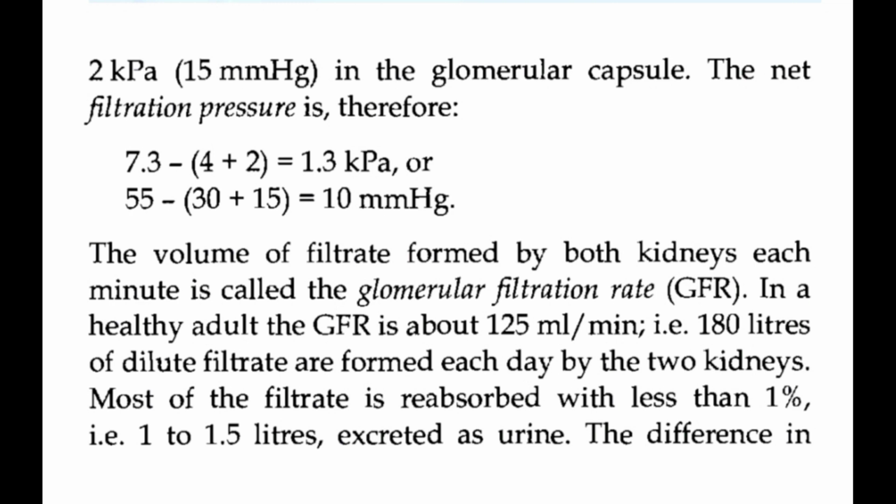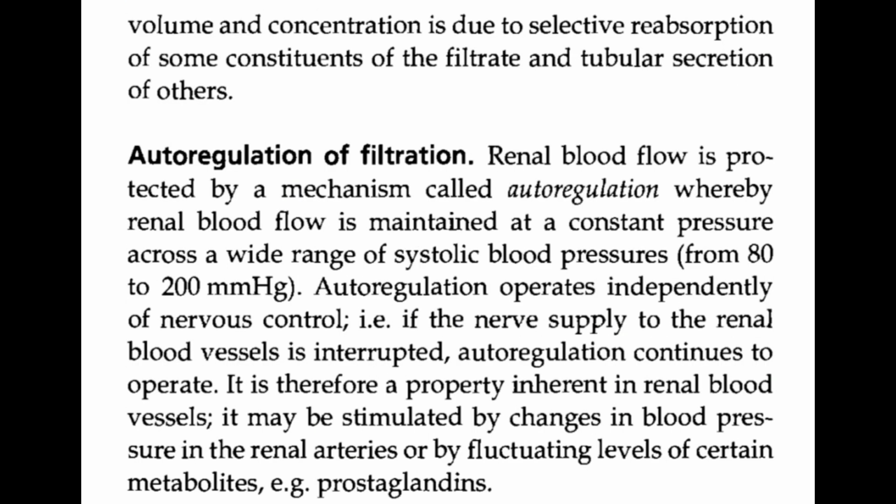Most of the filtrate is reabsorbed, with less than 1%, for example 1 to 1.5 liters, excreted as urine. The difference in volume and concentration is due to selective reabsorption of some constituents of the filtrate and tubular secretion of others.